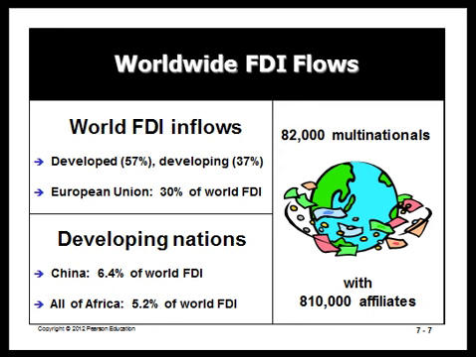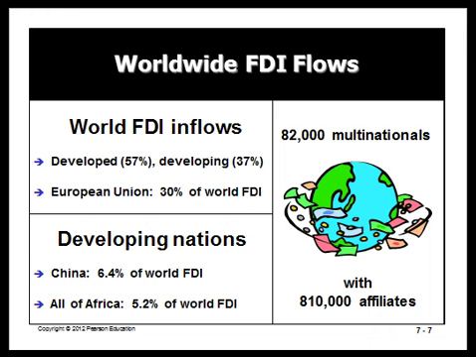Worldwide flows of FDI. More than 82,000 MNCs with more than 810,000 affiliates drive FDI flows. In terms of share of global FDI inflows, developed countries account for about 57%, and developing countries account for about 37%.